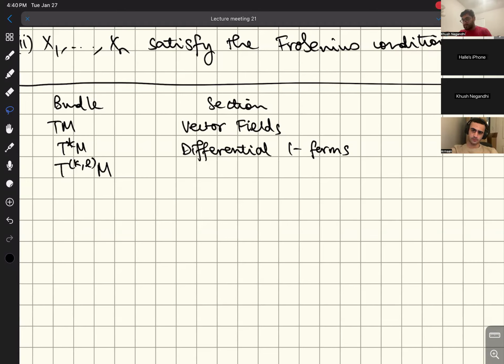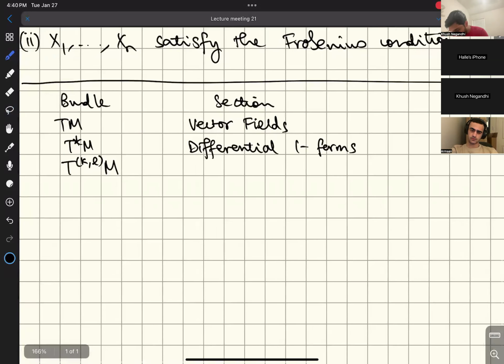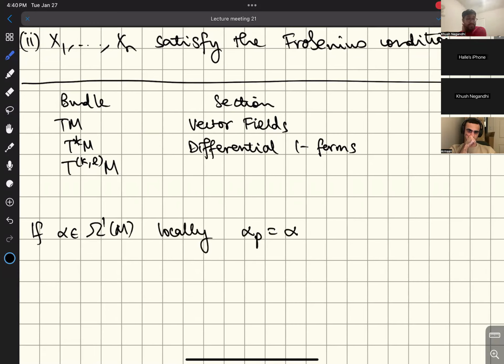Locally, alpha at a point P is nothing but the sum over i of alpha_i(P) dx_i. Basically, tangent vectors are now locally just vectors in R^n, so a differential one form is just a linear function at a point.